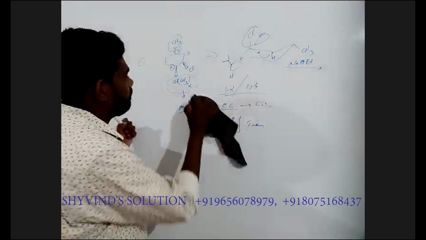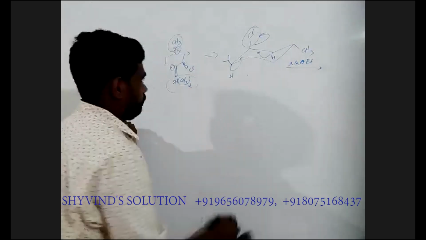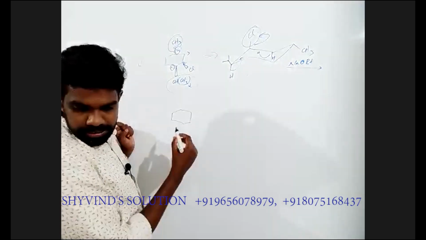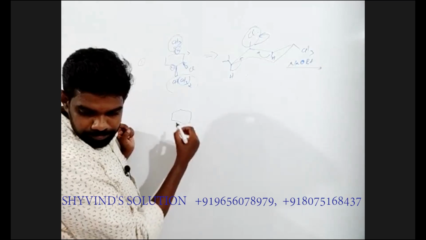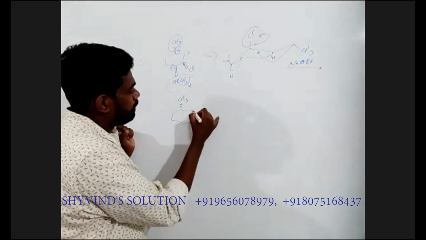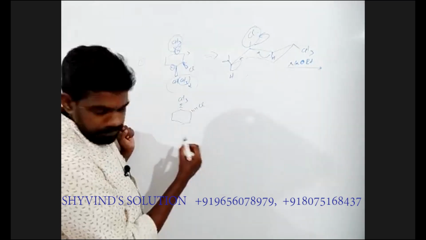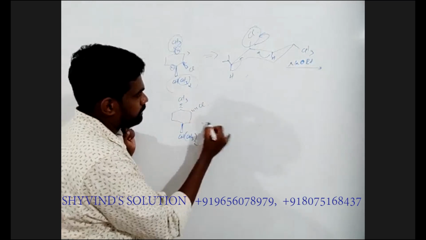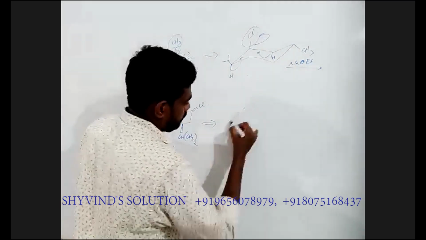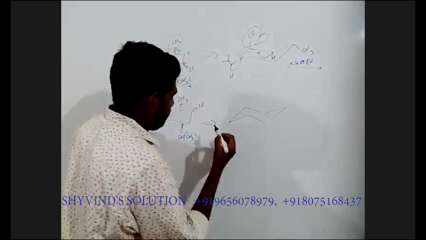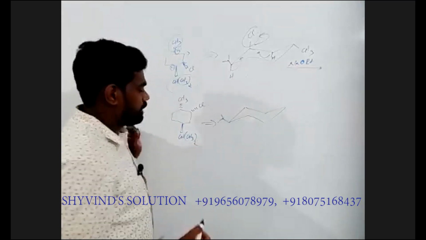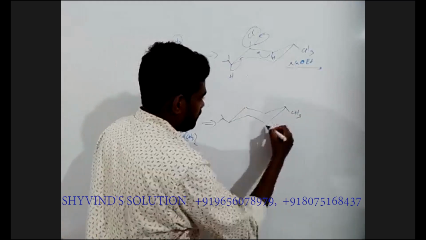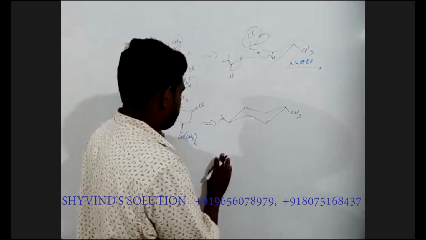The second option is given like this. CH3, chlorine is here, and CH3 twice. This is the second option. If we are going for the cyclohexane chair form, then at the fourth carbon, CH3 is at the equatorial position, trans.